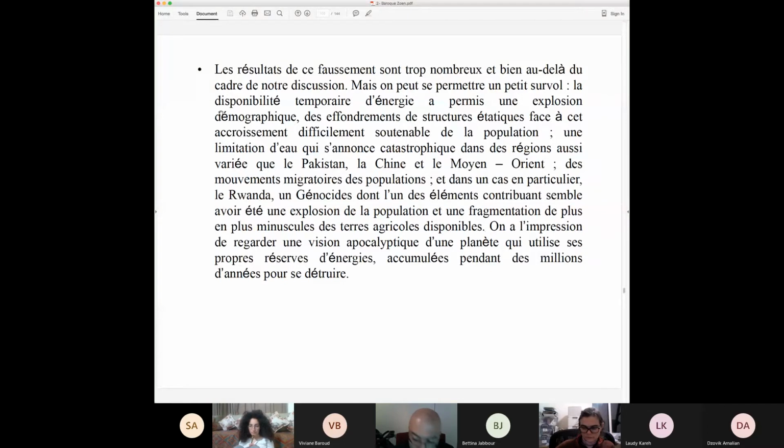In Rwanda, for instance, you had a population explosion in a society where the particular forms of heredity meant that agricultural land was divided into smaller and smaller pieces, making them basically commercially non-viable, leading to enormous tensions between the Hutu and the Tutsi, leading to the well-known genocide that led to something like 500,000 to 800,000 people getting killed.